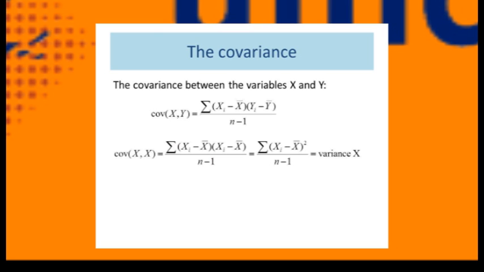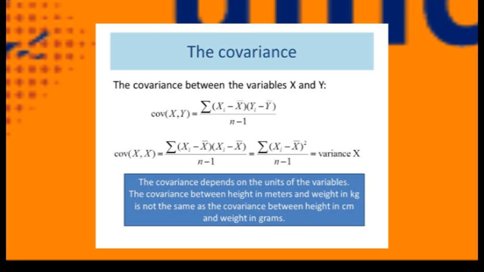If we would calculate the covariance of the variable x with itself, so fill in x again for y, we see that the formula of the covariance leads to the variance of x. So, in fact, the variance is a special case of the covariance.